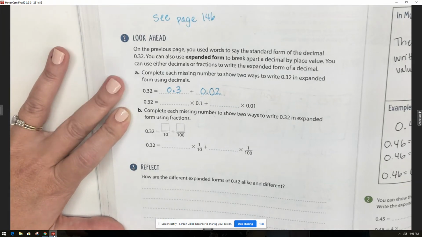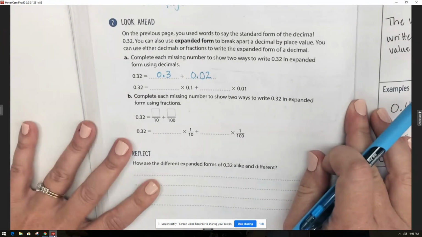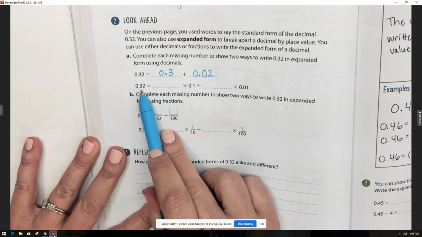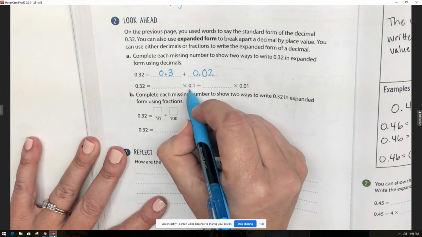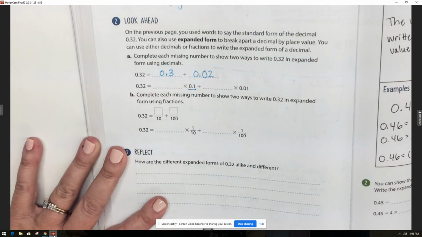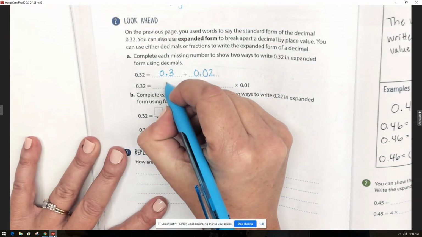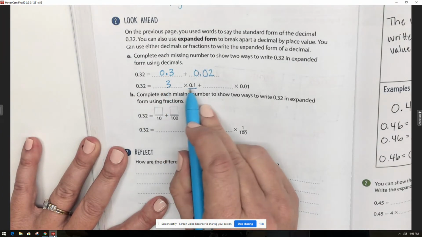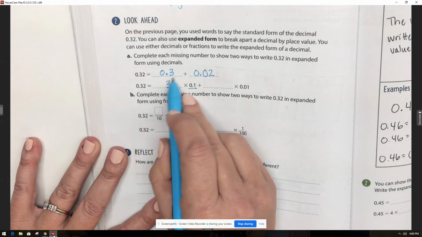We can also break it apart another way. Another way is by saying we have 32 hundredths. How many tenths do we have? This right here tells us that it's a tenth. We have 3 times 1/10. If you multiplied 3 times 1/10, it would look like this.